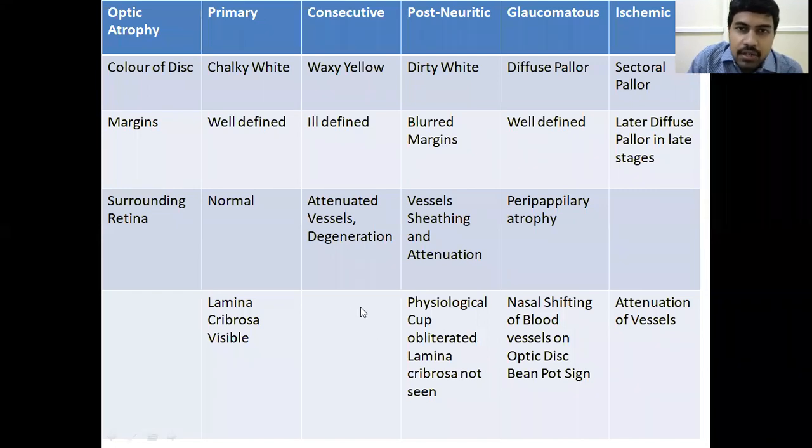And in consecutive, there is nothing. In post-neuritic, the physiological cup is obliterated, so the lamina cribrosa is not seen. I told you in papilledema, there is obliteration of the physiological cup. In glaucomatous, the bean pot sign will be seen. That is, nasal shifting of blood vessels on the optic disc, and the lamina cribrosa will be visible, causing the bean pot sign. And in ischemic, attenuation of vessels will be seen.